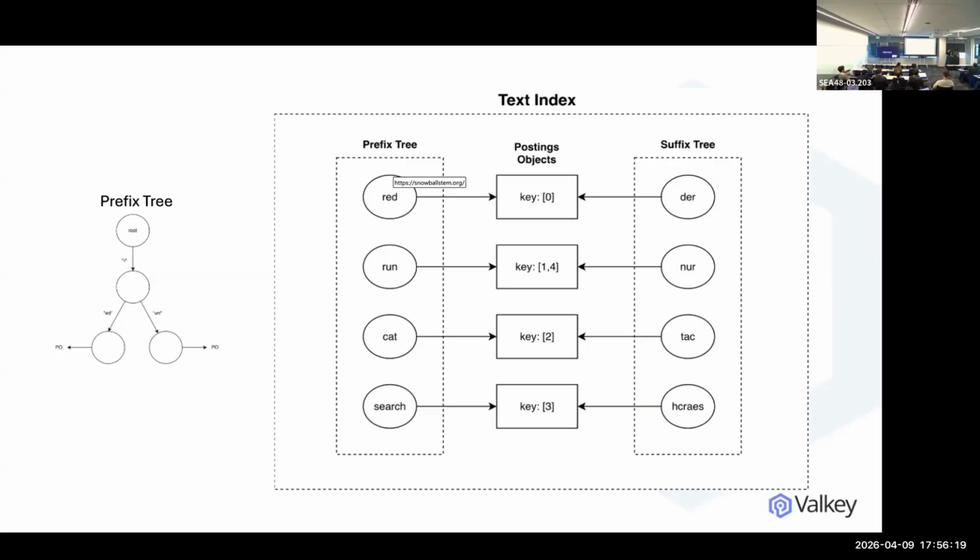So if you did, you know, character R, asterisk, you would then simply, you can see here, traverse around the subtree starting at the second node. And you find what we call the postings objects for both red and red. The postings objects contain the mappings of the keys to the list of positions that would occur at the keys.